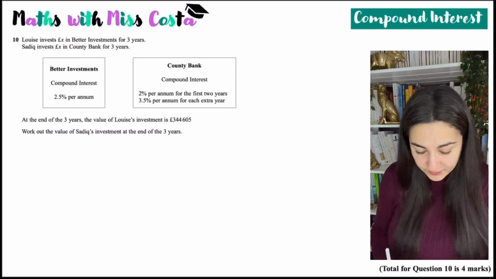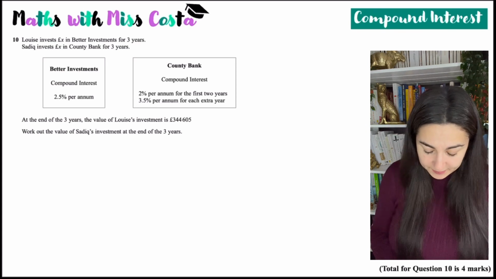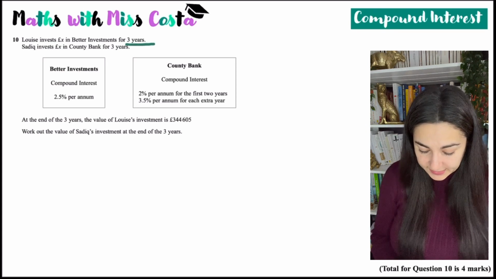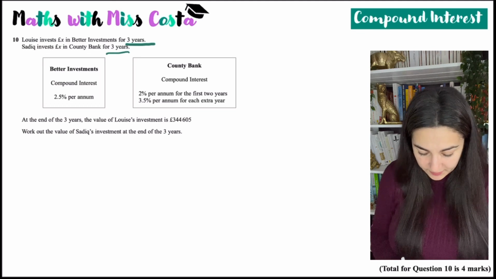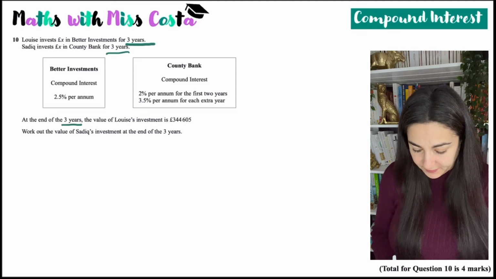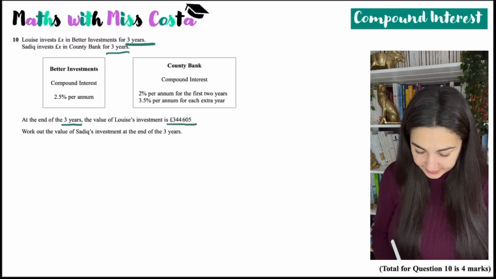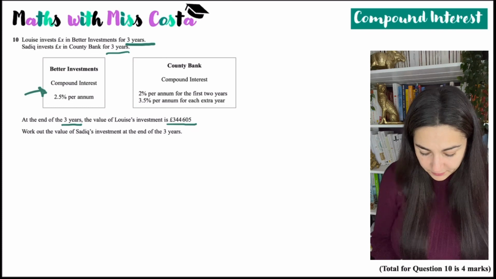So over here, we're told that Louise invests money in better investments for 3 years, and Sadiq also invests for 3 years. And we know that at the end of the 3 years, the value of Louise's investment is £344,605. So Louise is investing in better investments.